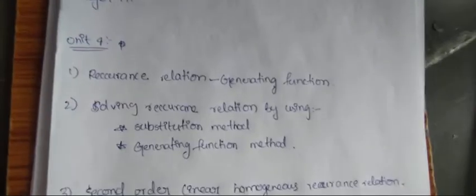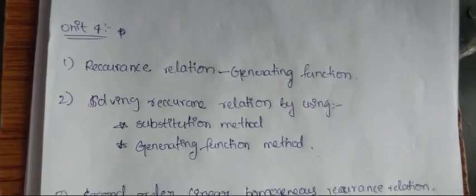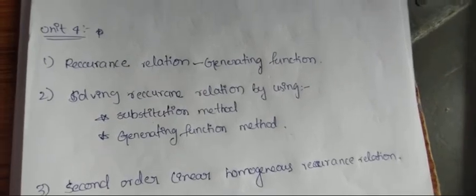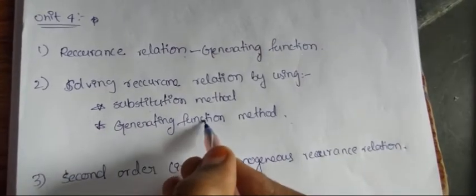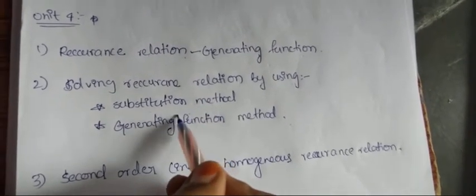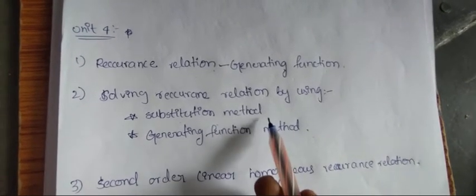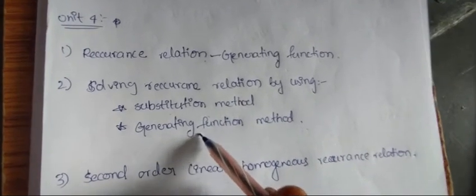And from the fourth unit we have the recurrence relation. A gunshot question from the recurrence relation. They may ask in two types: solving the recurrence relation by using the substitution method and also the generating function method.